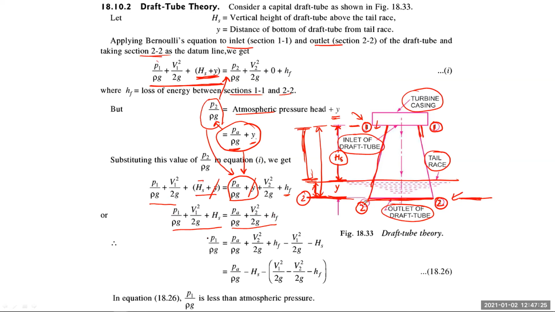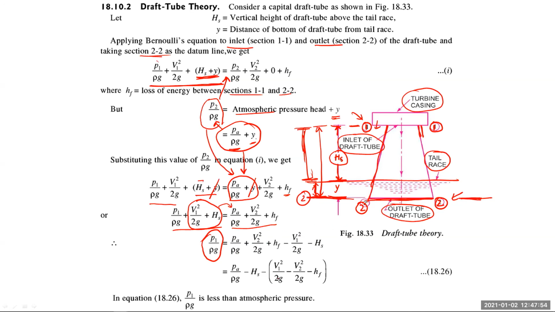Now I want to know the pressure head at section 1. So I will bring these two terms to the right hand side of this equation. What I will get is Pa upon rho g plus V2 square by 2g plus Hf minus V1 square by 2g minus Hs.